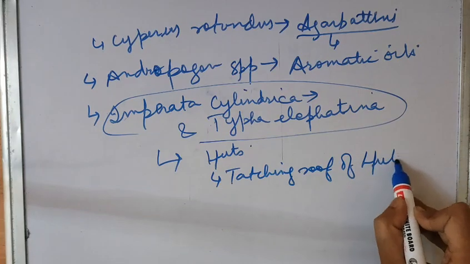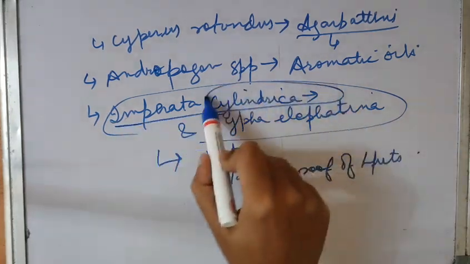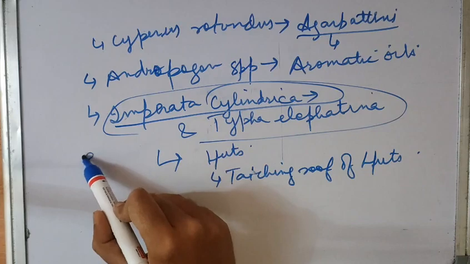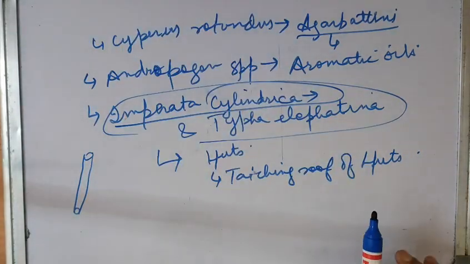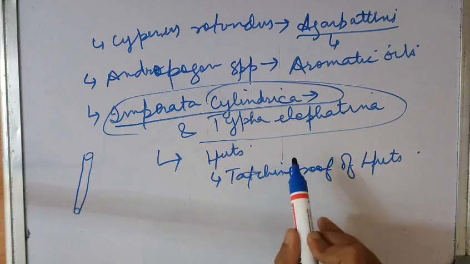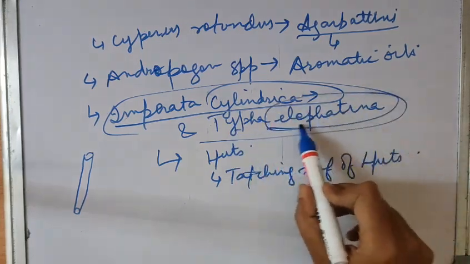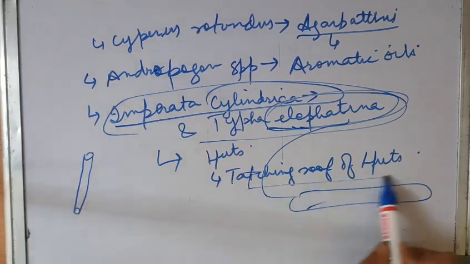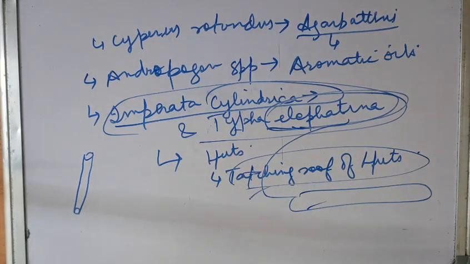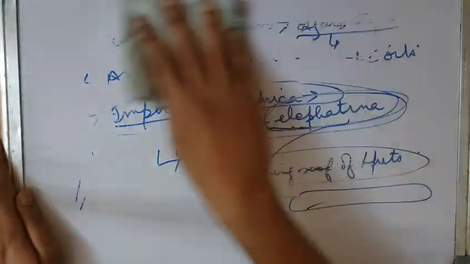As you can see from the name, Imperata cylindrica, it is cylinder in shape. It has long fibers of cylinder shape. And we have got Typha elephantina, elephantina, that is long. They are big sized weeds, so they are commonly used in thatching of huts, roofs of huts. So these are some of the common benefits of weeds.